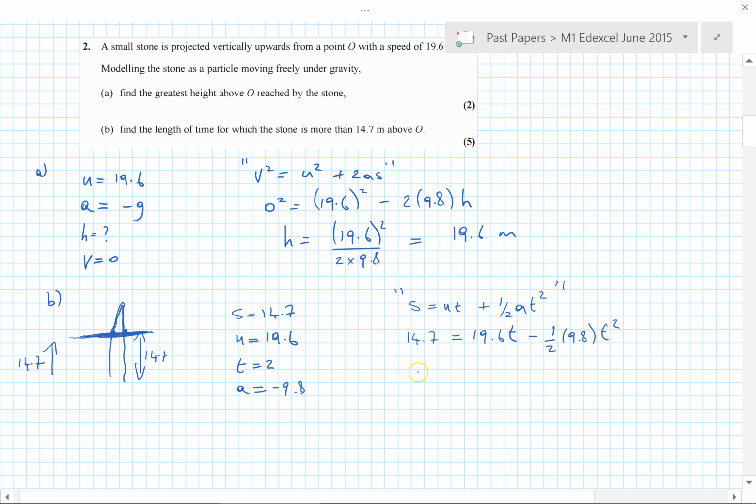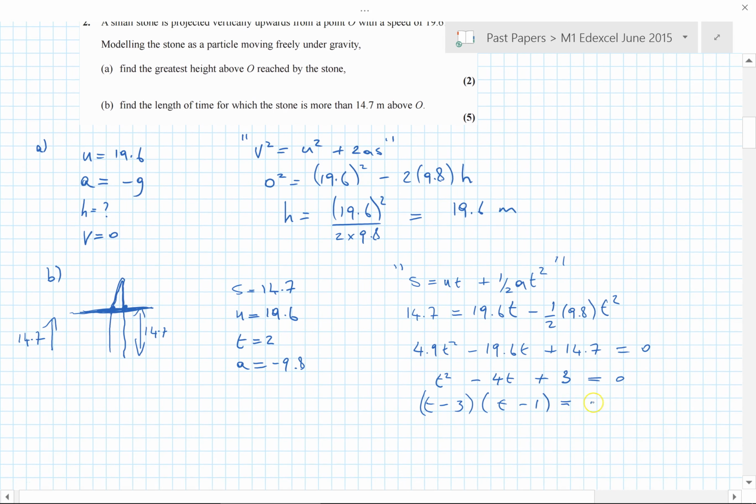If I rearrange that, that gives me 4.9t squared minus 19.6t plus 14.7 equals 0. I'm going to divide by 4.9 because I can see all of these are divisible by 4.9. So that gives me t squared minus 4t plus 3 equals 0. A nice easy equation to factorise, which gives me my two values of t.